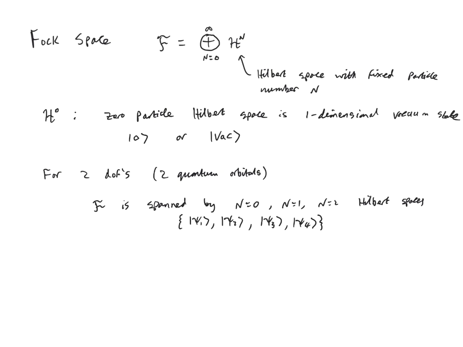Now, the identity operator must be something that spans the full Fock space. So in the 2-particle system, we would define our unity operator, our identity operator, if you like, as something that spans all possible states of any particle number.